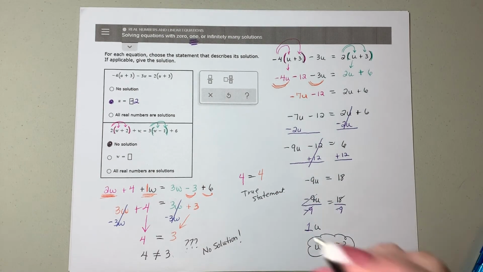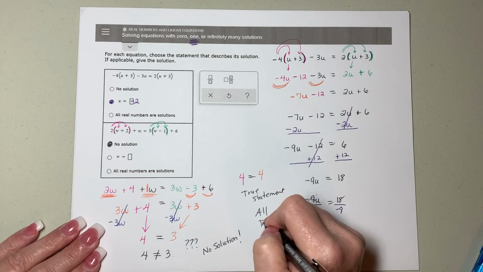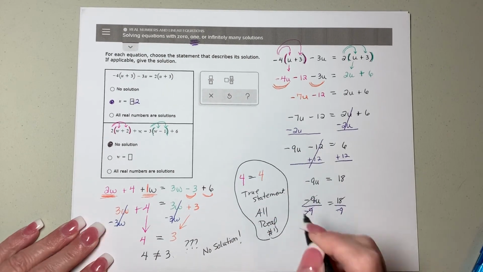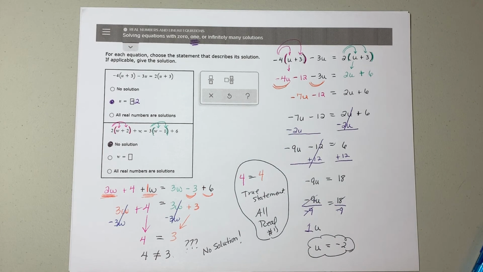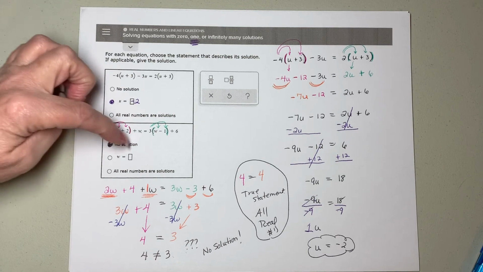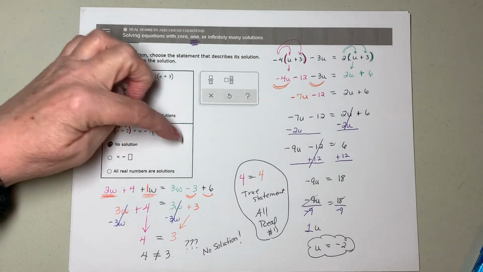Which means in this case, you would say all real numbers. I've seen some textbooks also say infinite solutions, but Alex is saying all real numbers or solutions. So that just simply means that I could pick any number in the world and plug it back into the original equation. And when I do the math on both sides, I'd end up with the same number.